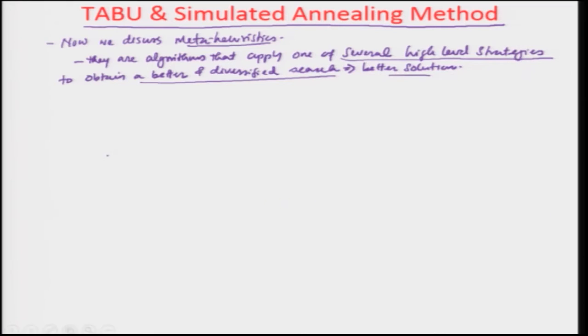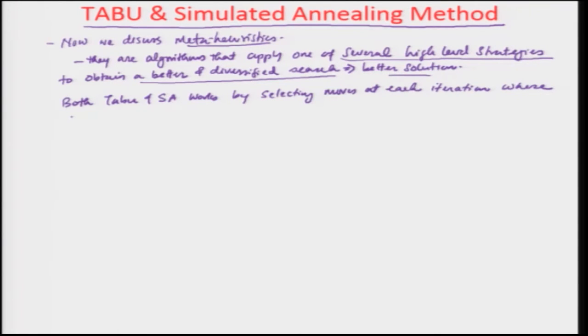Okay. So both taboo search and simulated annealing, SA, work by selecting moves at each iteration, where the movement is from one solution to another.